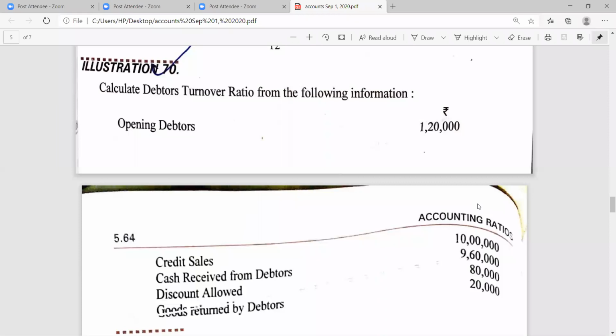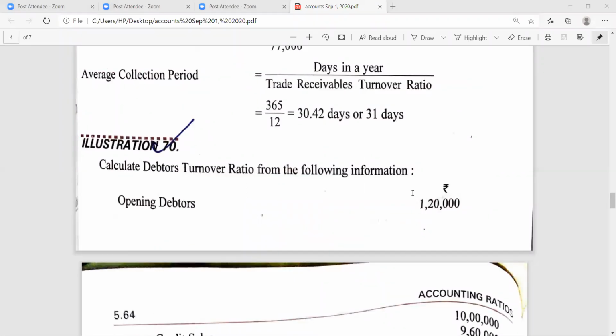Tanu is one of the participants here. I request you to unmute yourself and discuss illustration number 70 with me. Okay, Tanya, unmute yourself, beta.